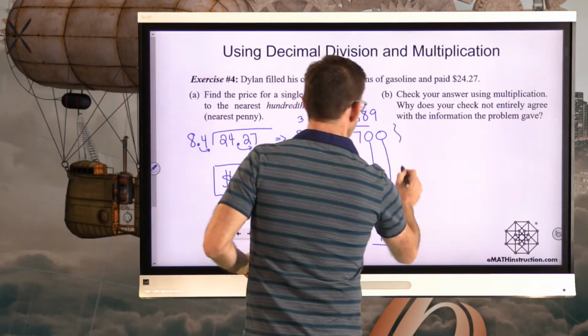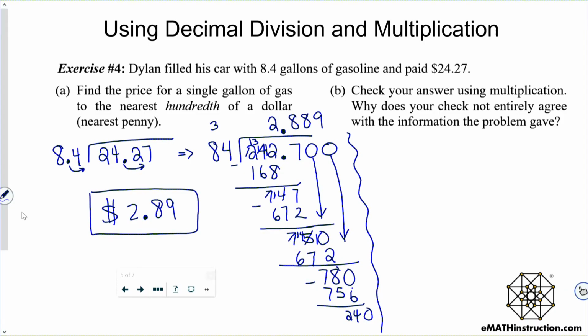I'm gonna give myself a little space here. What we want to do is take my 2.89 and multiply it by 8.4. All right, simple enough. Let's do 4 times 9 is 36, carry the 3. 4 times 8 is 32, plus another 3 is 35. 4 times 2 is 8, plus another 3 is 11.